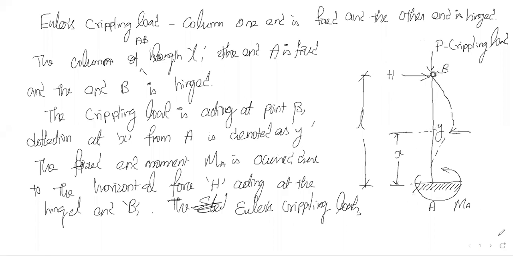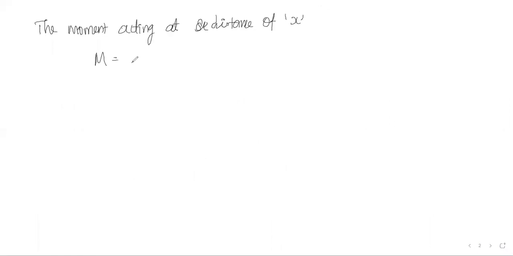Now we are going to write that. The moment M is equal to minus P into Y. The minus sign is because of concavity, as we already saw in the sign convention.